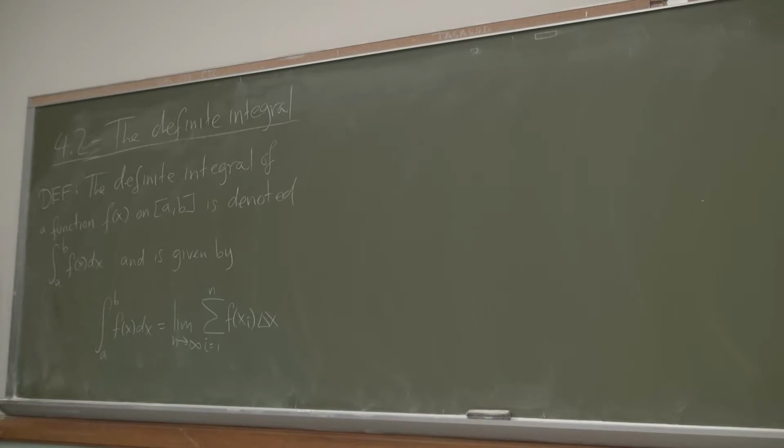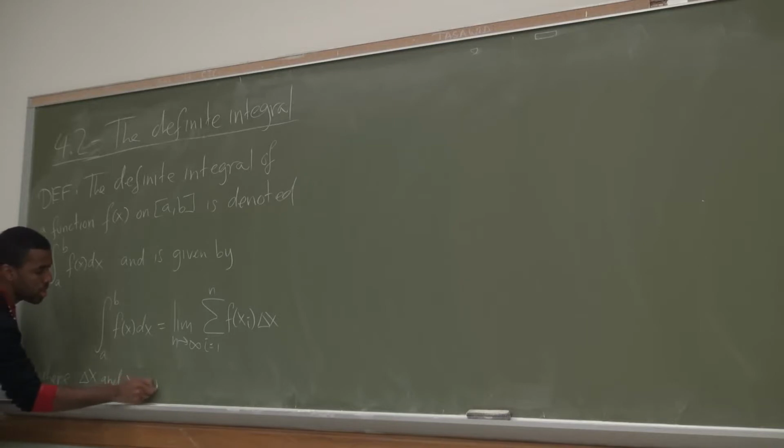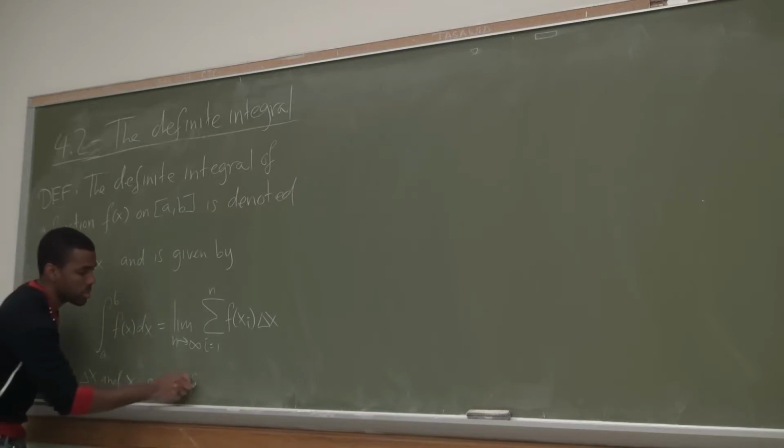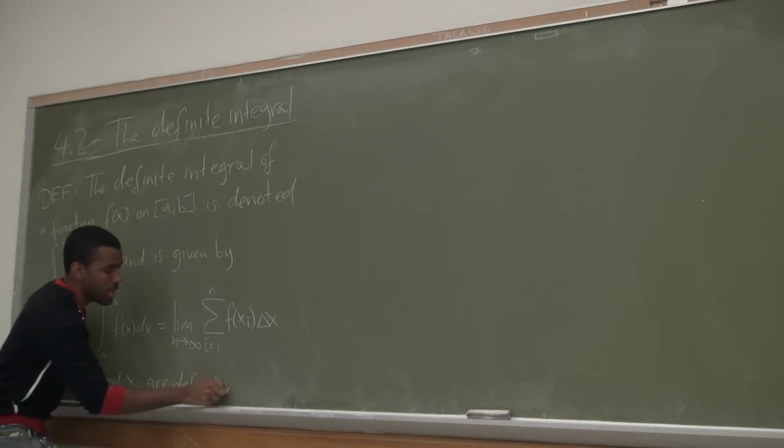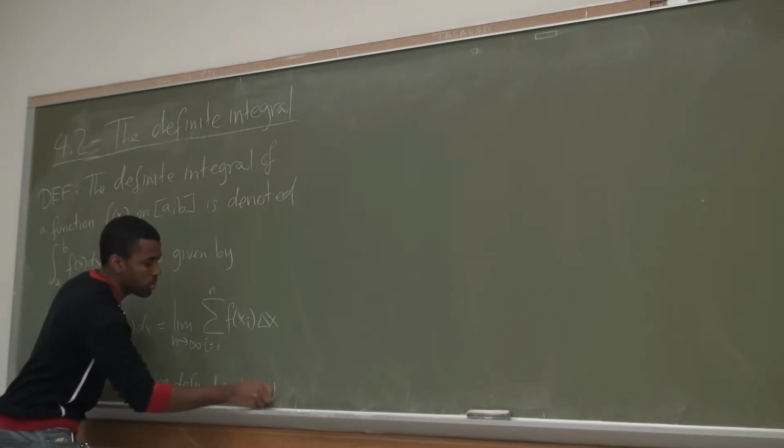This is called the definite integral, right? This is the notation for it, that is the formula, right? Where delta x and x i are defined as in 4.1.